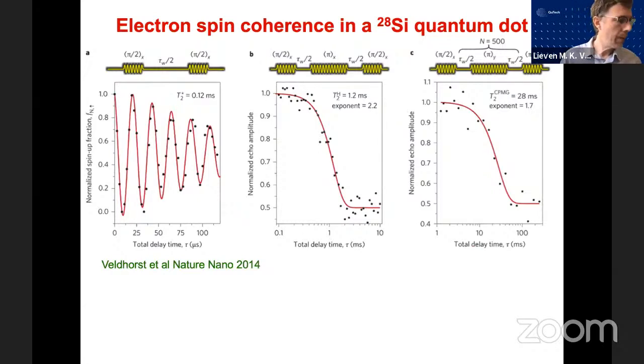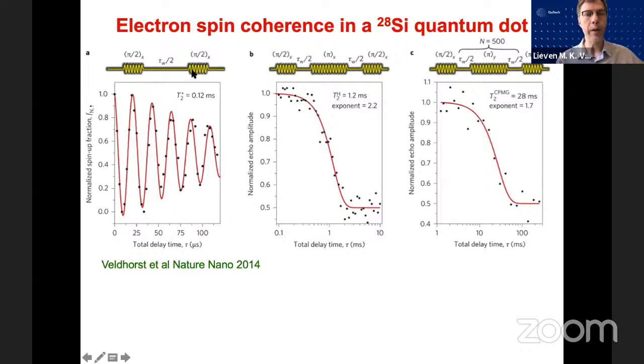So then, how do we extend the coherence from the T2 star timescale to these even longer timescales? Here's the way that the T2 star is measured. You rotate your spin into the transverse plane. You let it sit by itself.